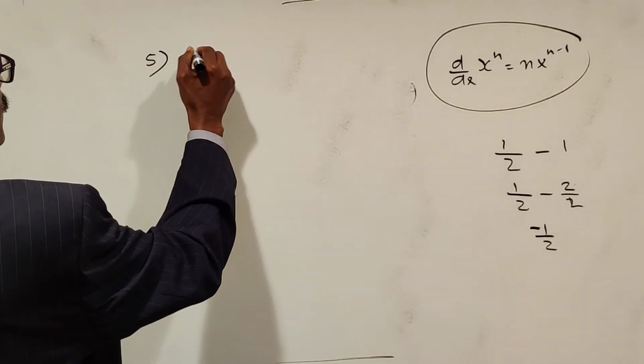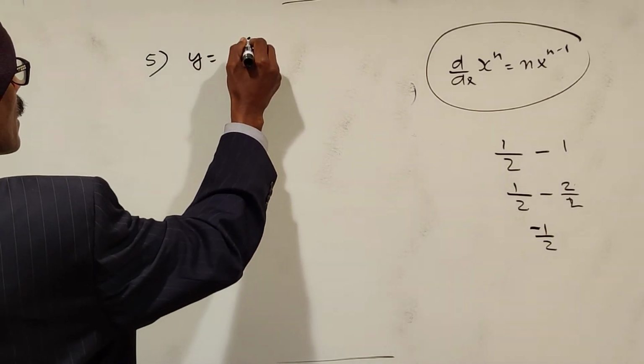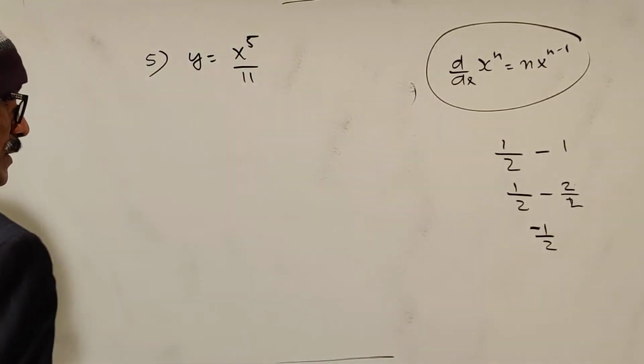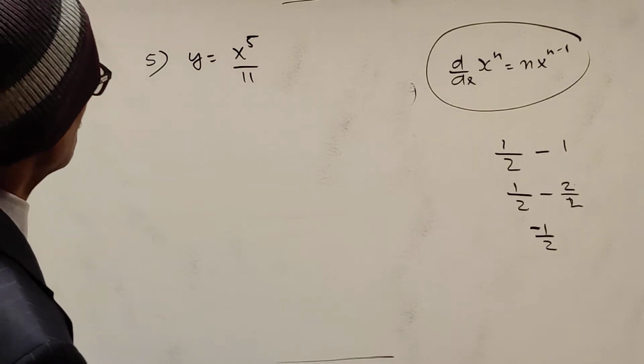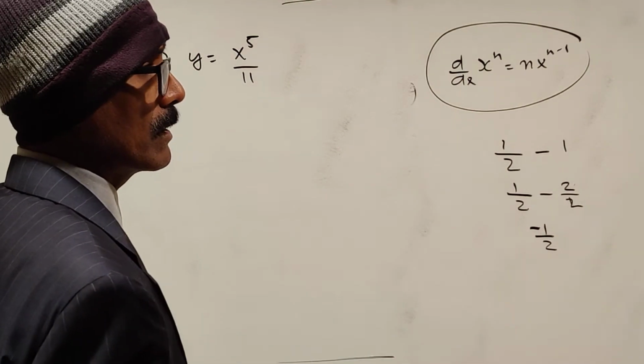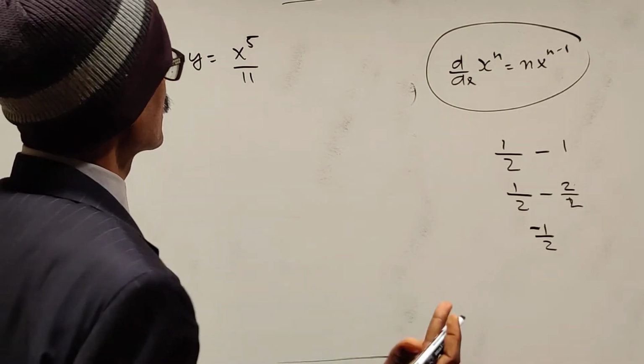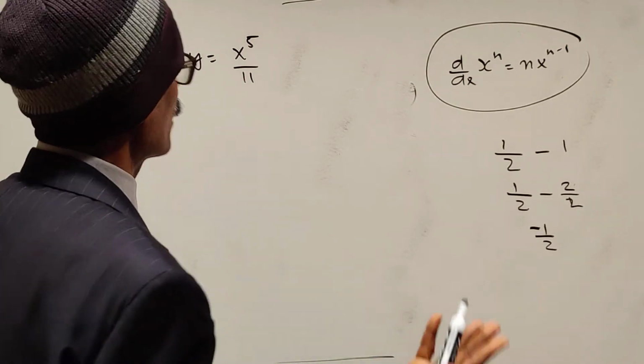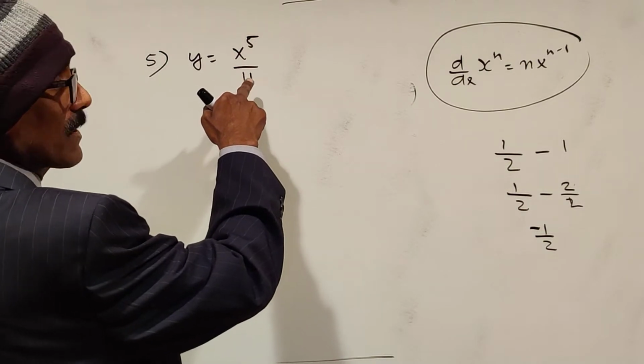y equals x to the power 5 divided by 11. See here, you don't need to use the quotient rule because 11 is a constant.